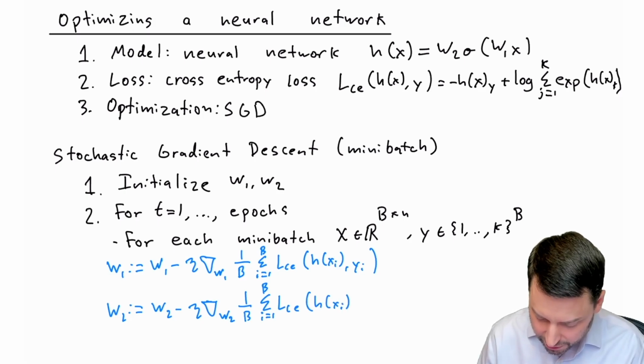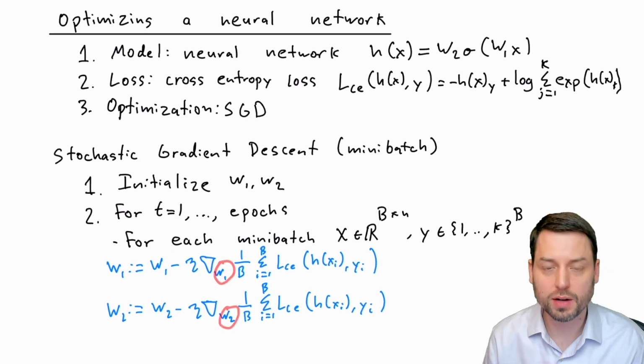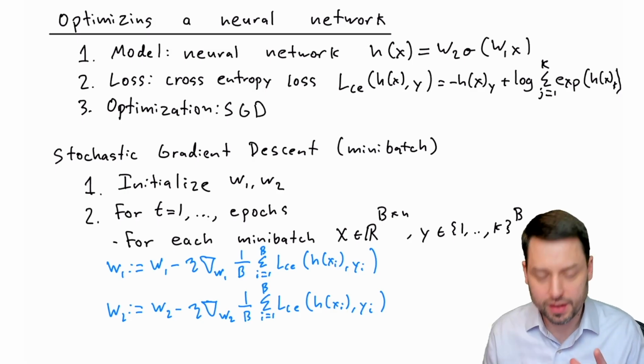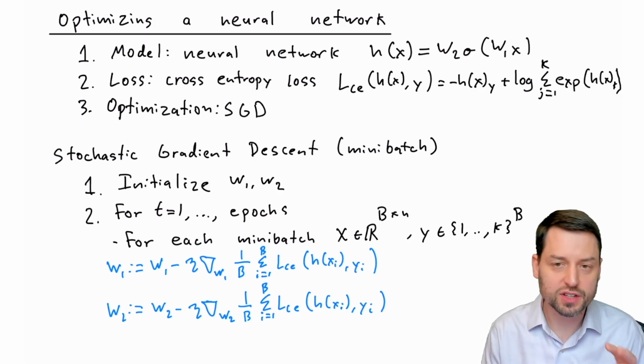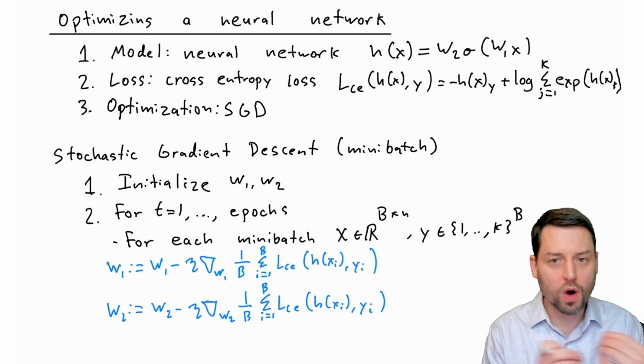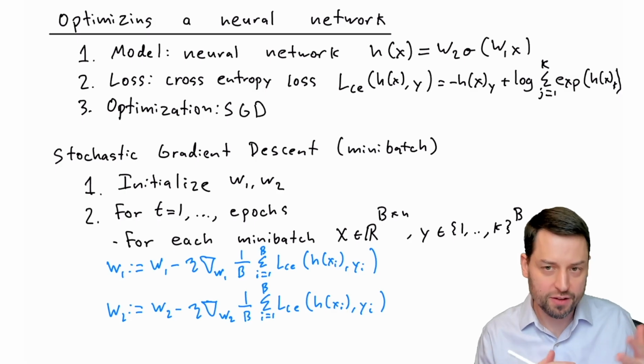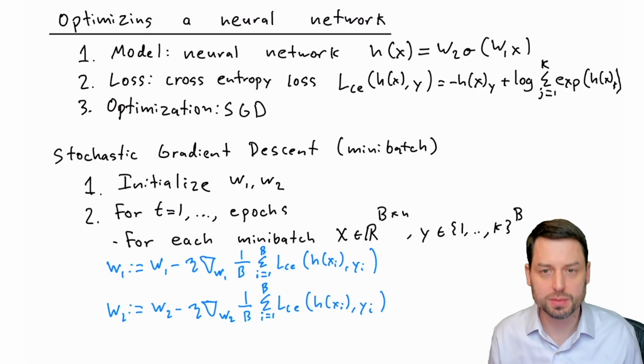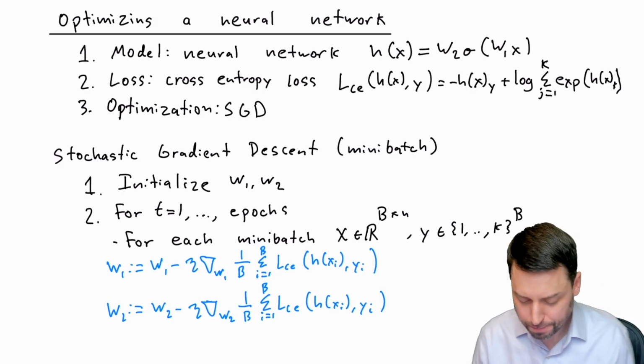The only difference is that we're taking the gradient now with respect to W2 instead of with respect to W1. When we wrote the form of stochastic gradient descent in the last slide, where you make one gradient update, of course, when you have multiple parameters, you have to make multiple gradient updates. That's just the mechanics of how gradient descent works.